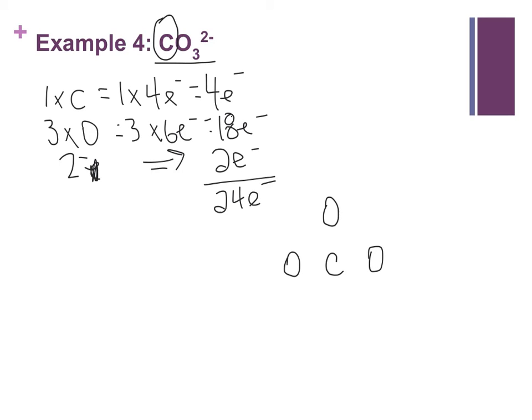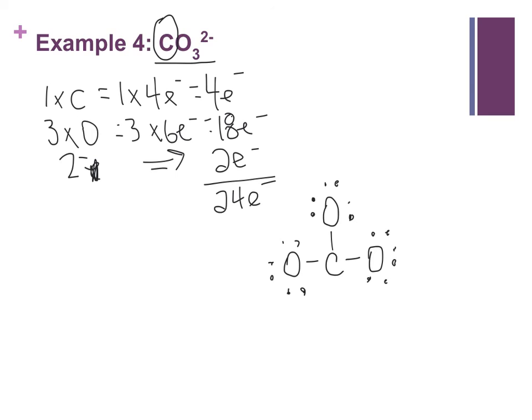We're going to put 2 electrons between each bond. So that's 6 placed. We're going to start filling up the valences. So that's 8, 10, 12, 14, 16, 18, 20, 22, and 24.